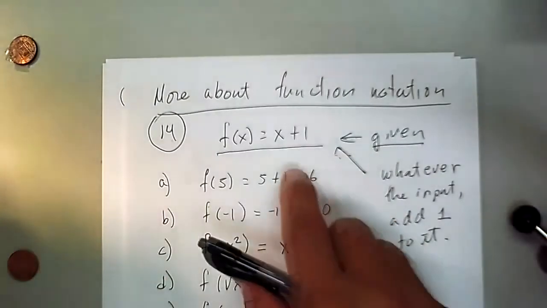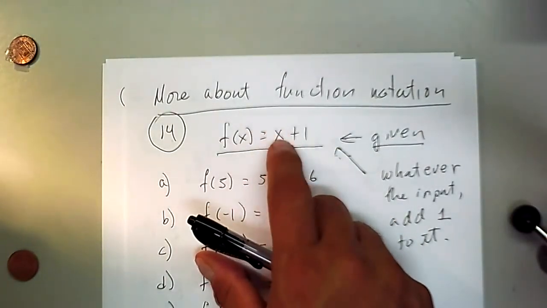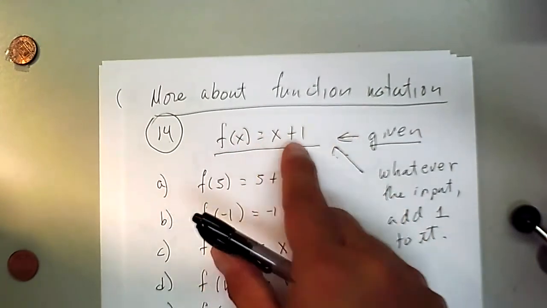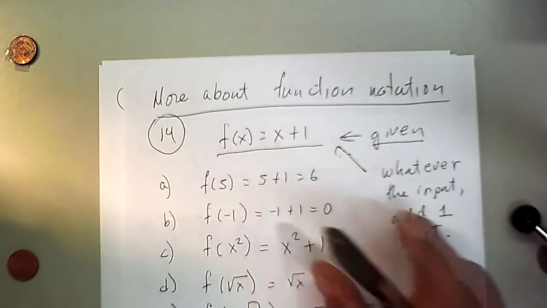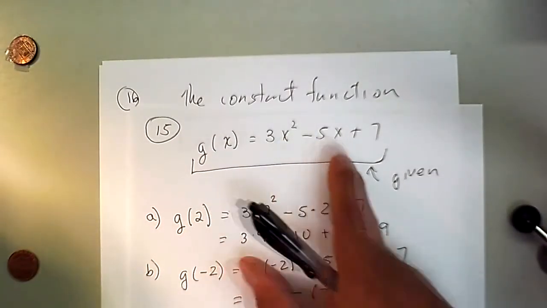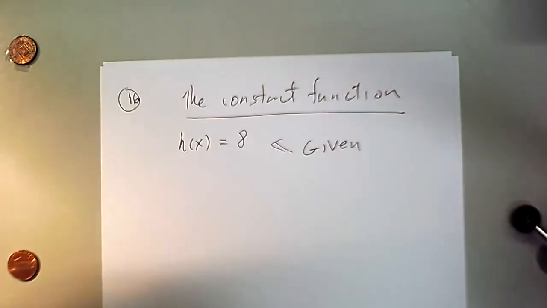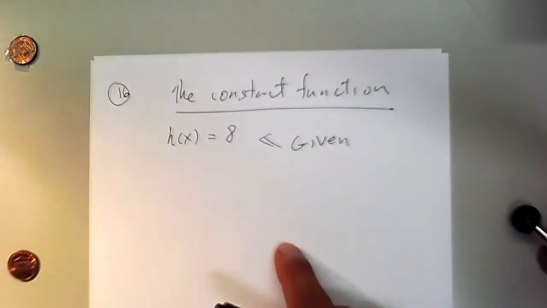This example says the input is used once. The number of x's that show up in the formula tells us how many times we're going to use the input. So use it once. Use it twice. Don't use it.